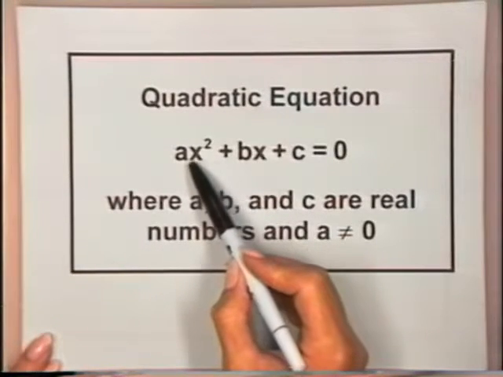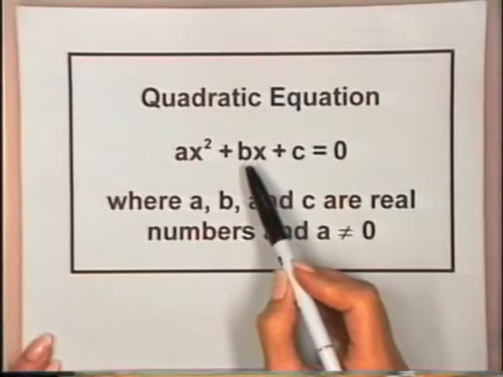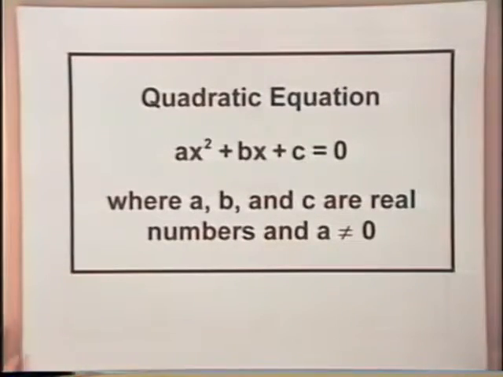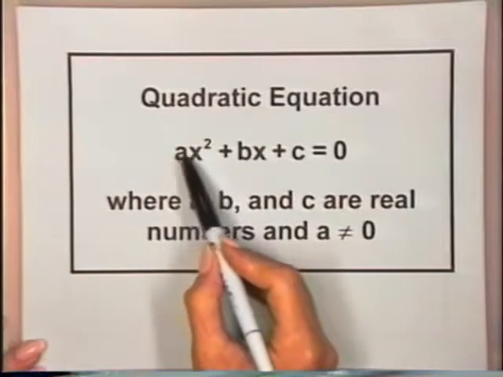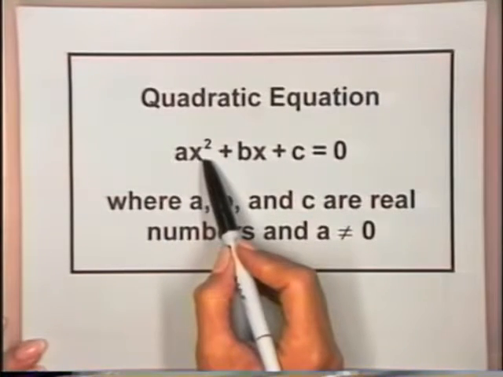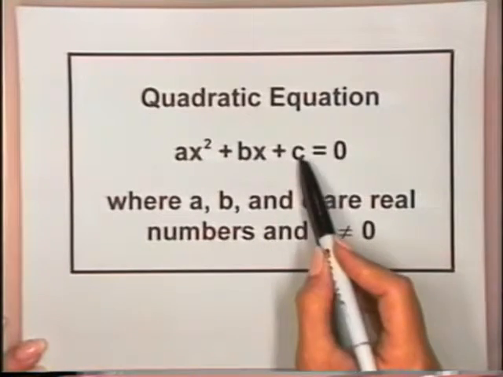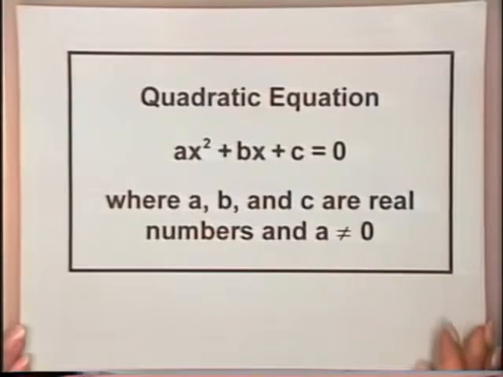A represents the coefficient of the x squared term, b is the coefficient of the x term, and c is the constant. We refer to ax squared as the quadratic term. We call bx the linear term, and we call c the constant.